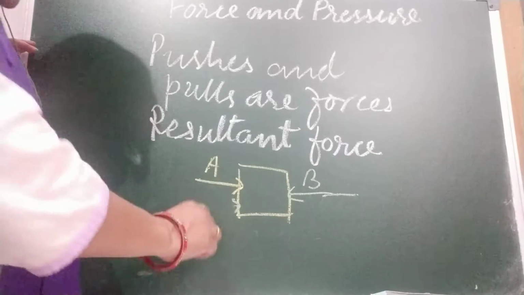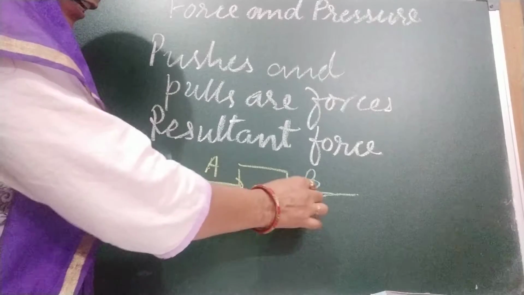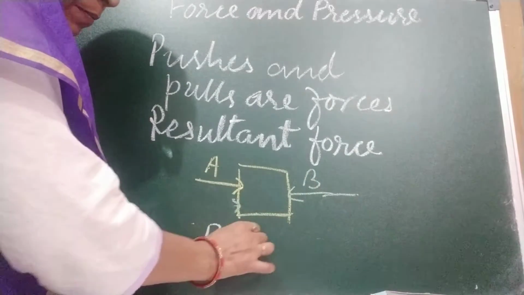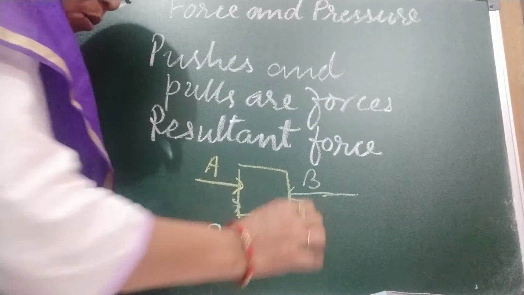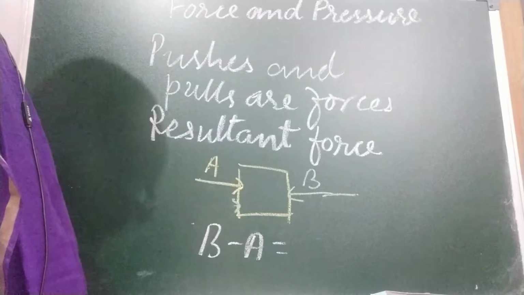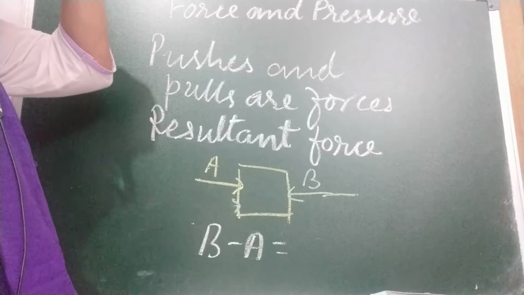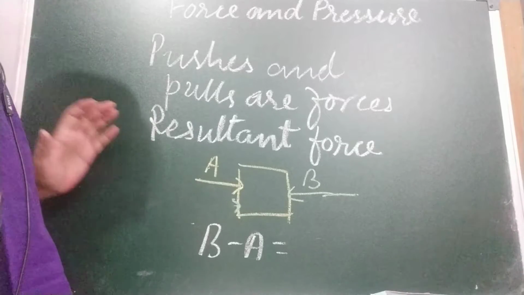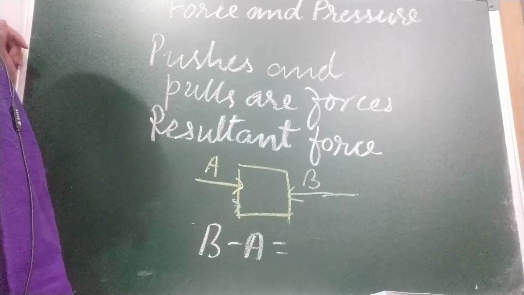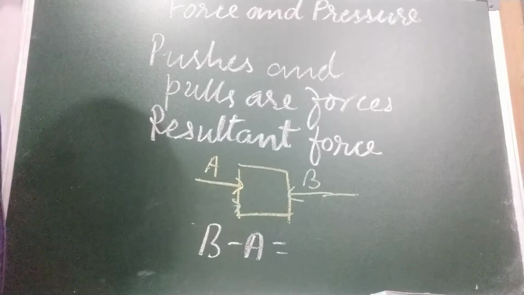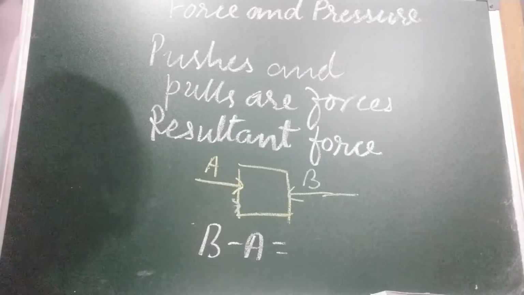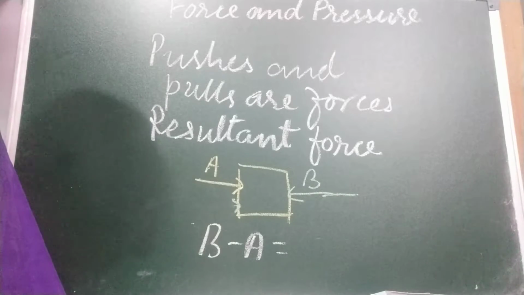Okay, like which one is the greater? B minus C. Okay. So the magnitude of the force here is what? Difference between the two forces. Children, one example of this is in a tug of war match, the rope will move in the direction of the team that applies more force.